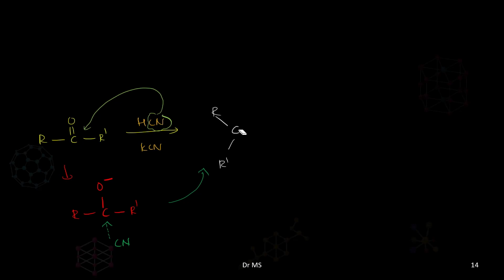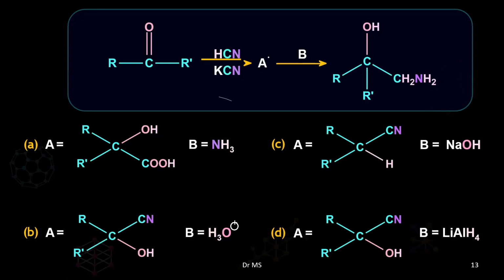Let's draw it like this: R, C, R dash. As the cyanide attacks, first O minus and then CN will be formed. And then, as I told you, protonation will happen, converting it to OH. So this is the group. Understood? So the answer for A is this one.